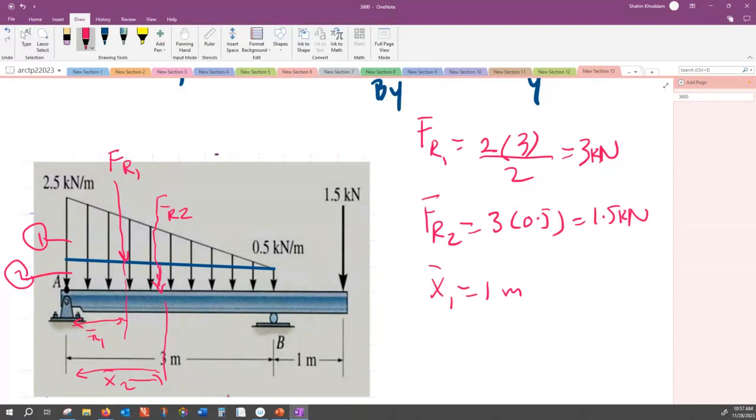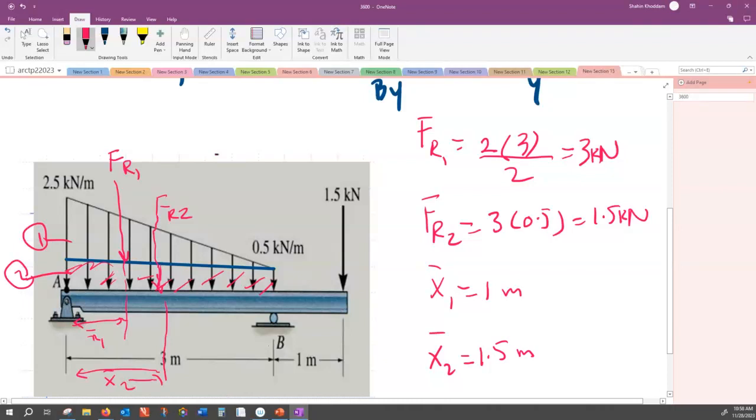Everyone can see that. And what about X bar 2? X bar 2 is the centroid of the rectangle. So this rectangle, this is area 2. The centroid of that is 1.5 meter, correct?